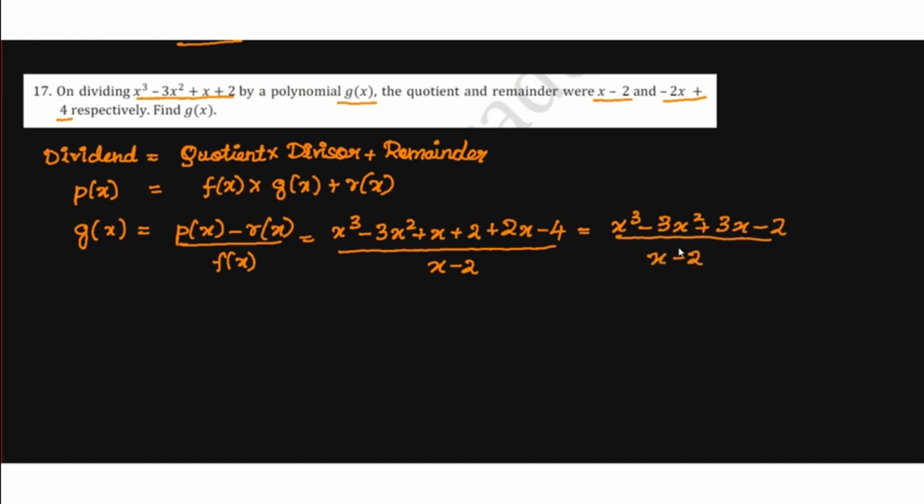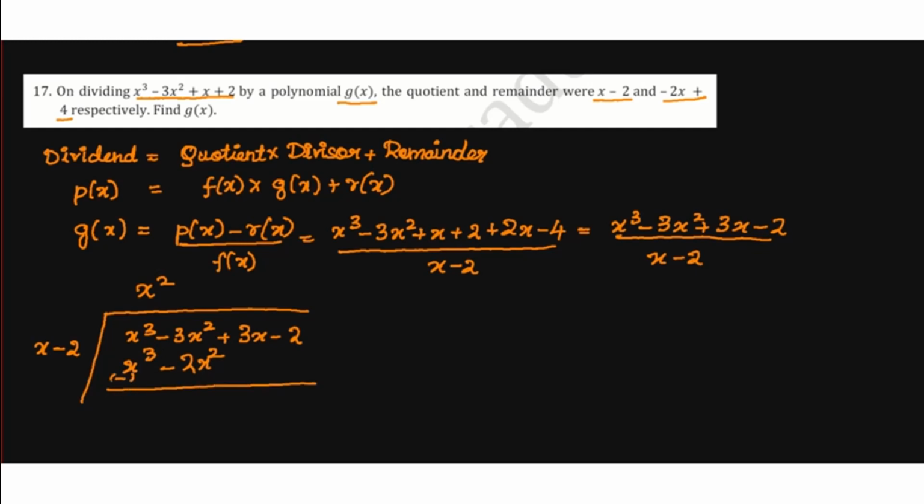Now we are going to do the polynomial division for this. X minus 2, x cube minus 3x square plus 3x minus 2. So when we put x square here, the terms become x cube minus 2x square. First term gets cancelled when the sign gets changed, and the second term becomes minus 1x square plus 3x minus 2.